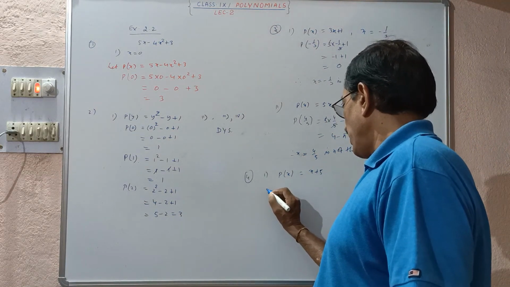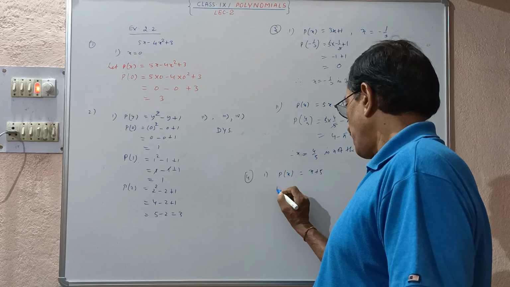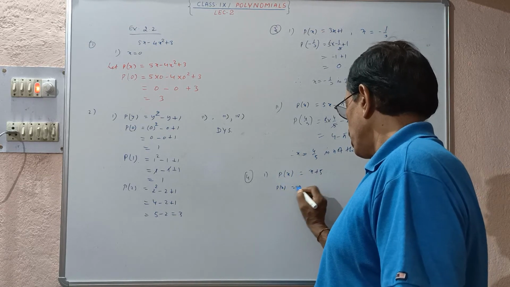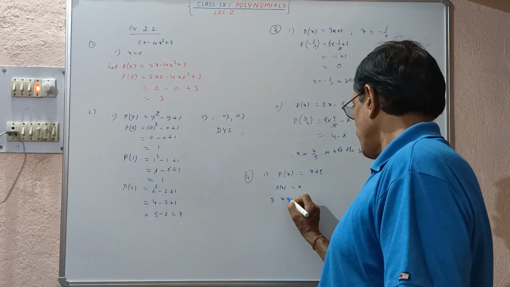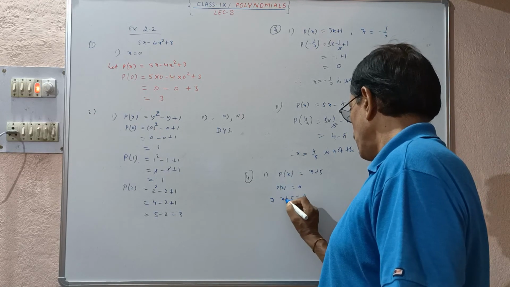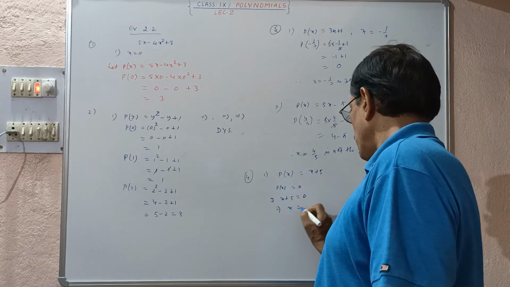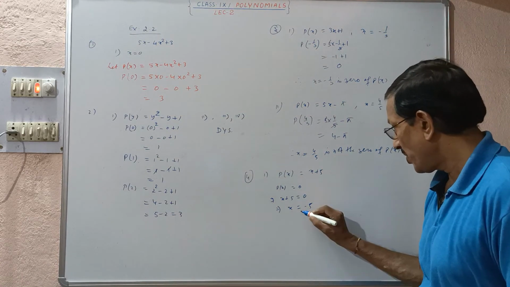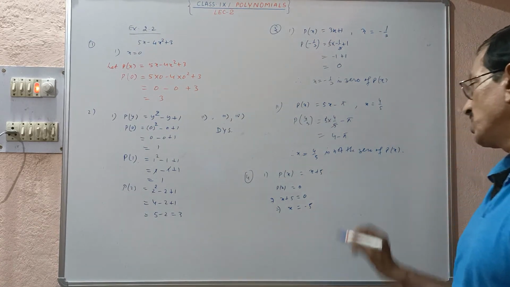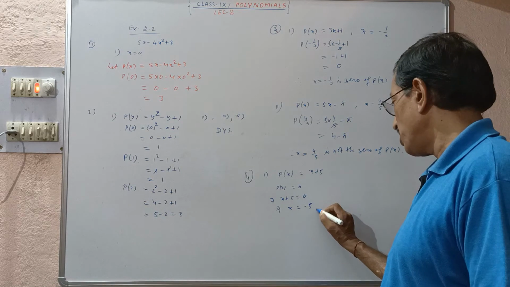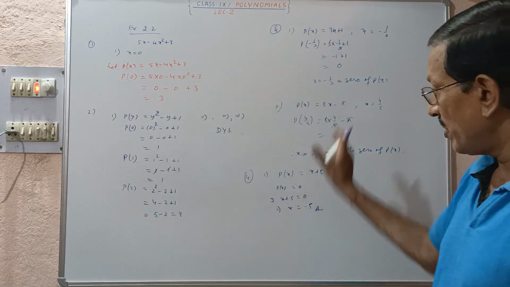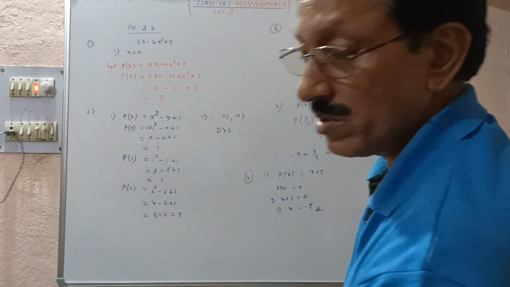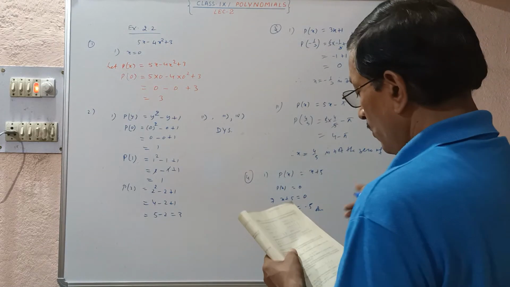So we write p(x) = 0. That means x + 5 = 0, which implies x = −5. So the zero of this polynomial is −5. In this way we find the zero of every polynomial.